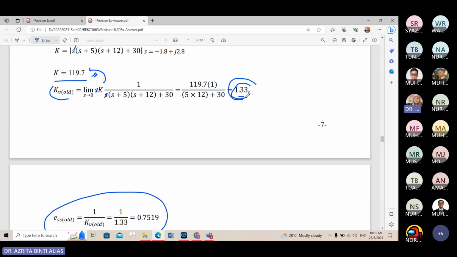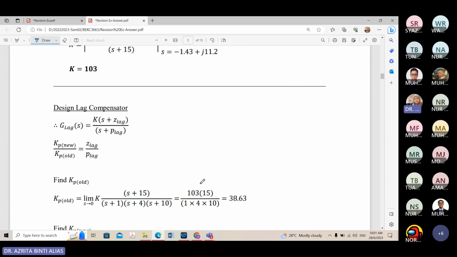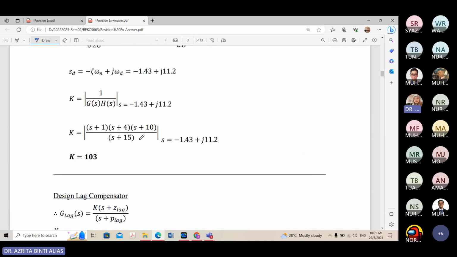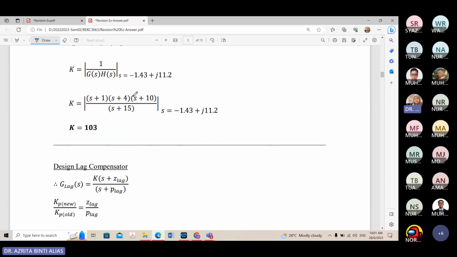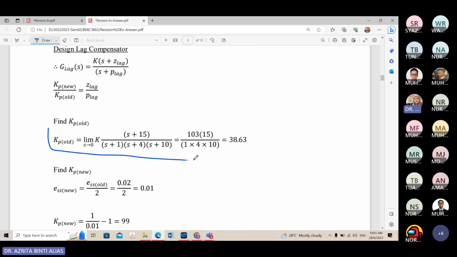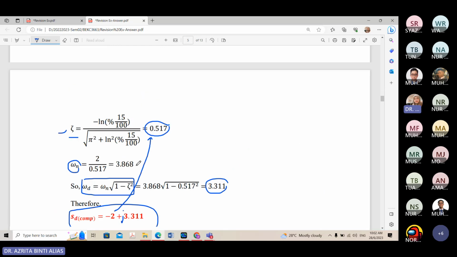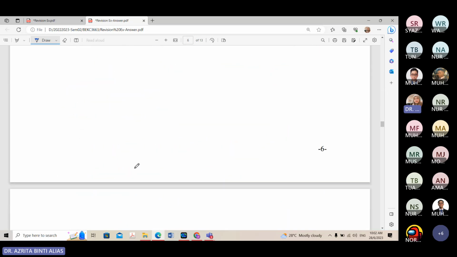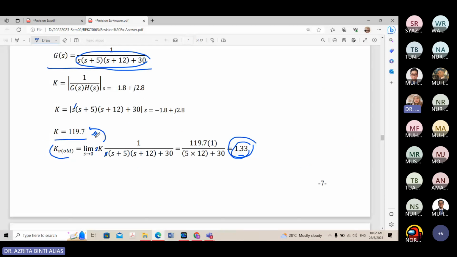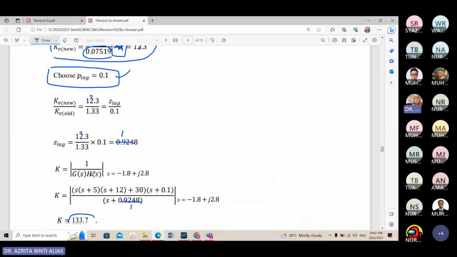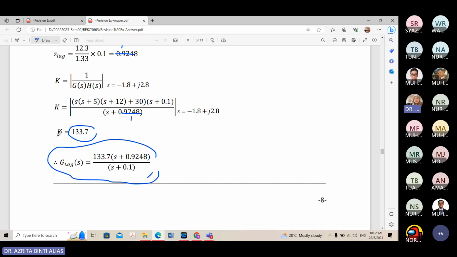But for the first question, for the KP old, we didn't calculate the value yet, so you need to calculate the value of KP old. After that, we find the value of KP or KV new based on the design requirement. Next, choose the P lag, so we can obtain the Z lag. Lastly, calculate the value of gain K, and write the final transfer function that you obtain.